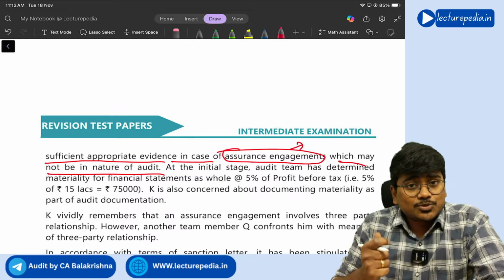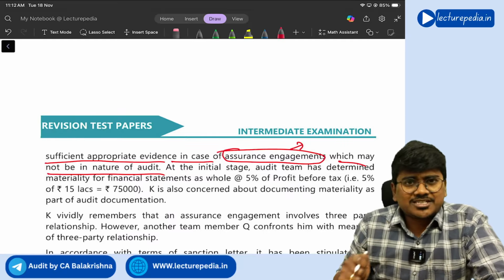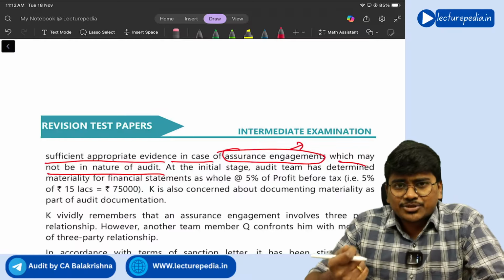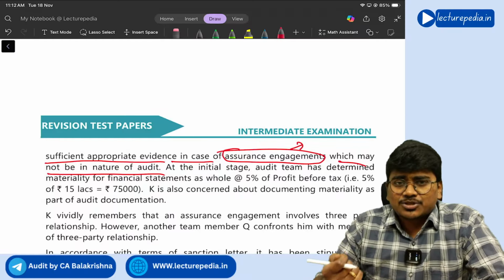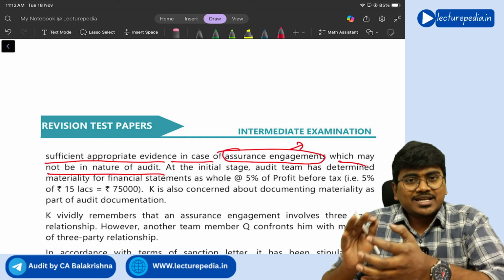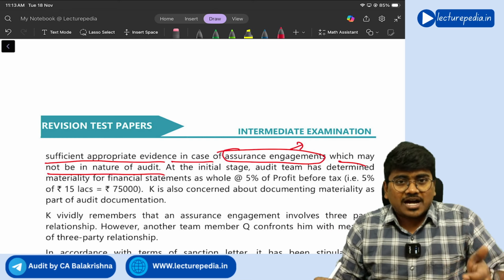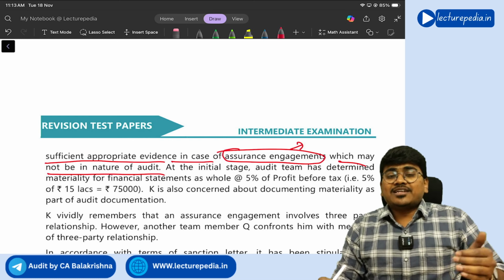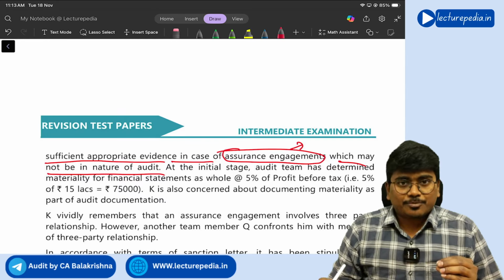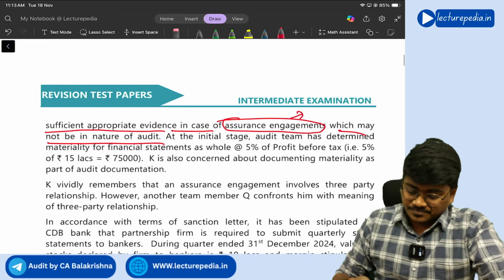So in those situations also, should you obtain sufficient appropriate audit evidence? Yes, of course. If you are providing assurance, it means you will provide assurance only based on sufficient appropriate audit evidence. So not only in case of audit, even in case of other assurance engagements, even in case of review engagement, you have to obtain sufficient appropriate audit evidence.